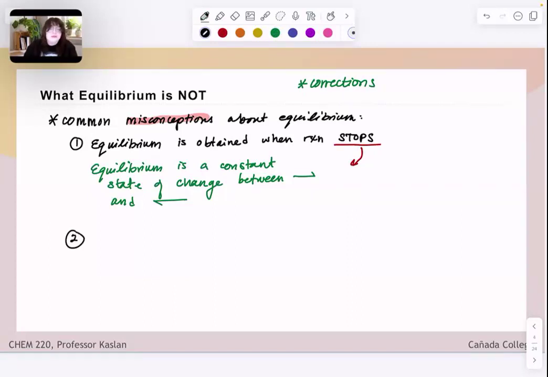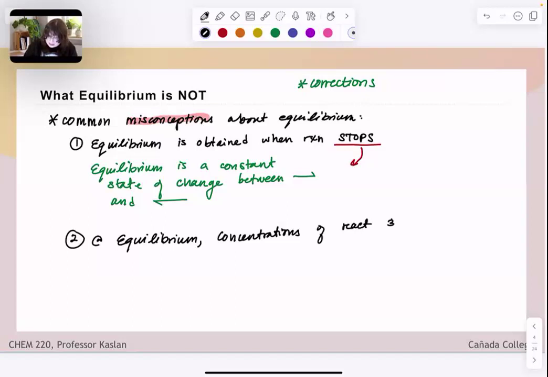The next misconception that people tend to find themselves thinking about when they are thinking about equilibrium is that at equilibrium, the concentrations of reactant and product are equal. So what about this is incorrect?